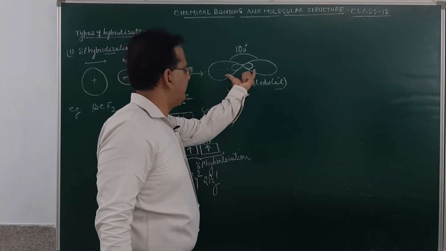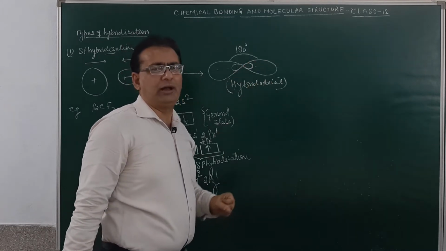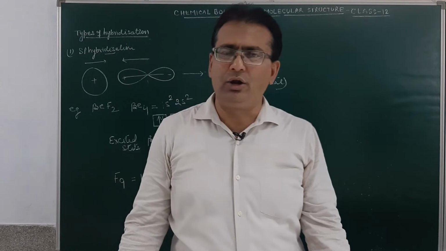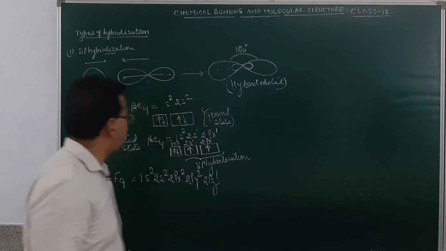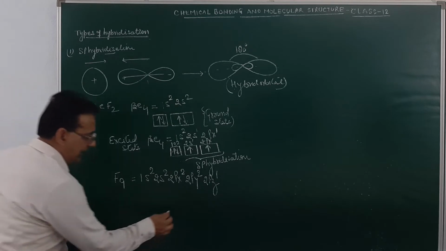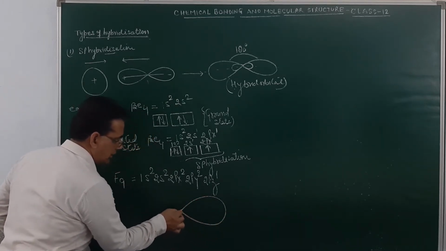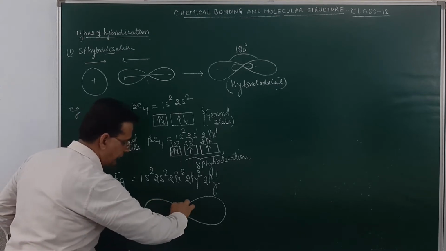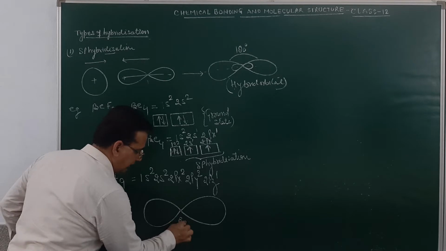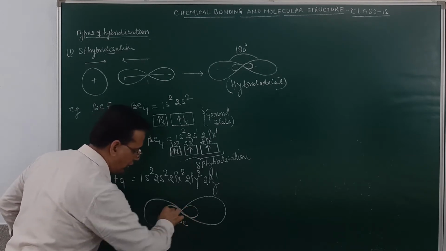The hybrid orbital will have 2 lobes, sp, in which the bigger lobe will be for the higher electron density and the smaller lobe for the lower electron density. How will the bond formation take place? This will be the sp hybrid orbital of beryllium, with a region of high and low electron density. Never forget to make this small lobe inside this.